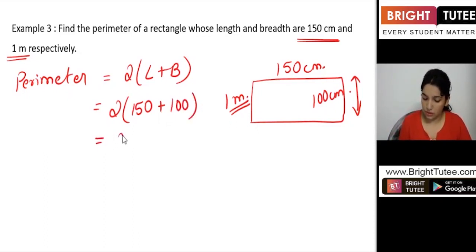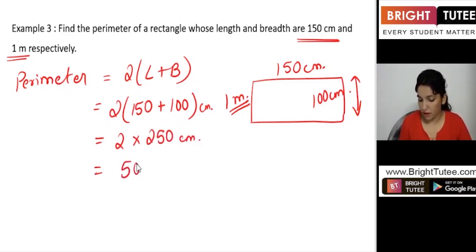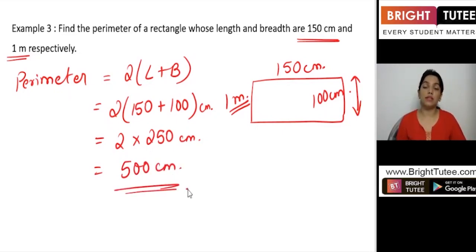This is in centimeters now, okay? So this is 2 times 250 centimeters. So the answer is 500 centimeters. This is the answer that we have got when we converted the meters to centimeters and then calculated the perimeter for this particular rectangular shape. Clear?